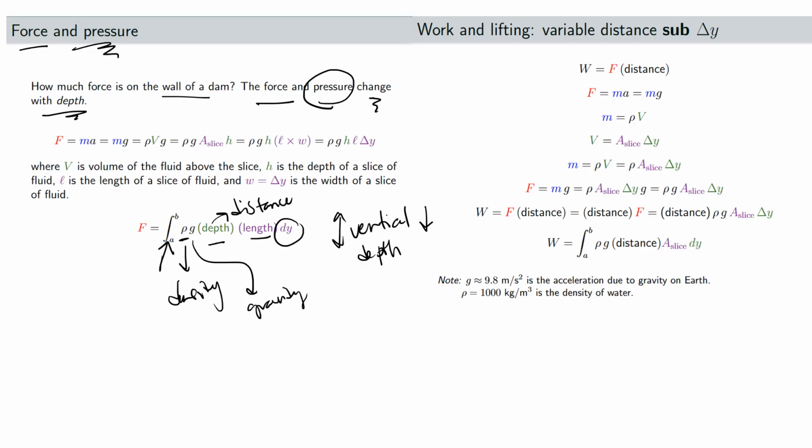And your length could sometimes be referred to as the width, since we're thinking about looking vertically at something, and sometimes the changes of your volume could change horizontally rather.